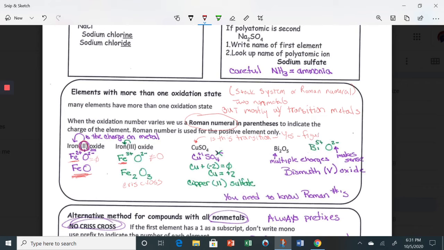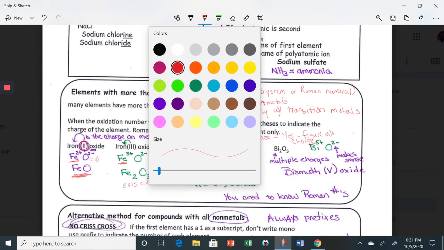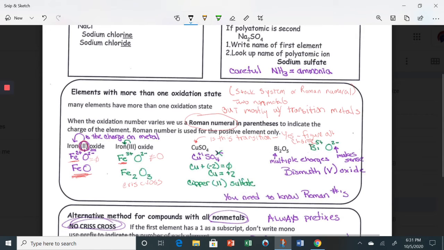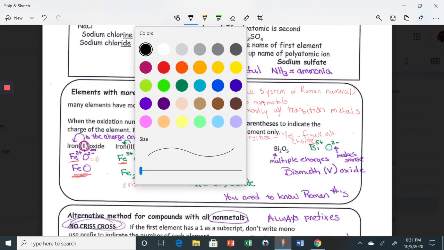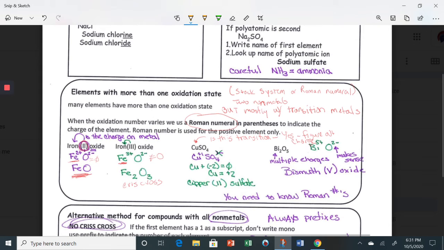Now, remember, there are certain transition metals. Actually, I'm going to go to this pen because it's not supposed to be pencil, it's supposed to be a pen. Certain transition metals: nickel will be 2+. Zinc will be 2+. Silver will be 1+.